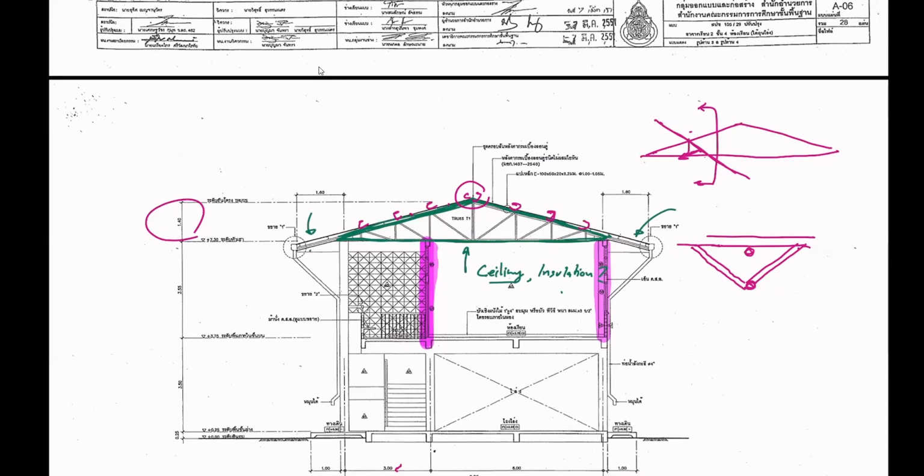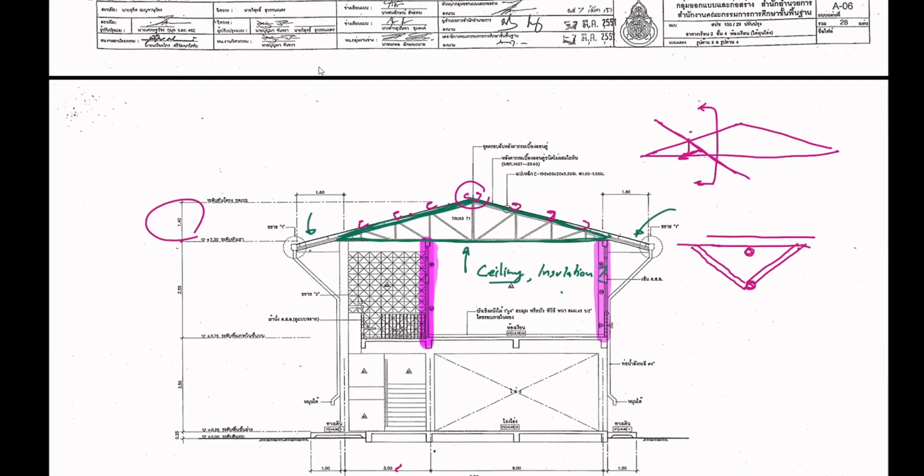So they used to construct concrete trusses. You believe that? You may run into a concrete truss bridge somewhere in Thailand, like the old bridge in Ayutthaya. They stopped using it, and now you don't use that anymore.